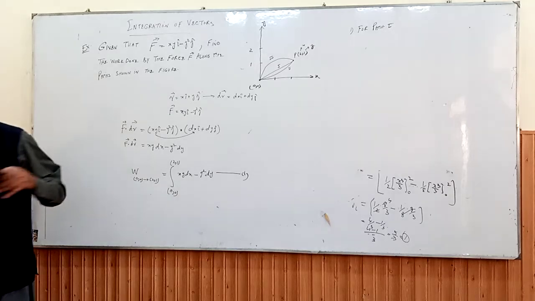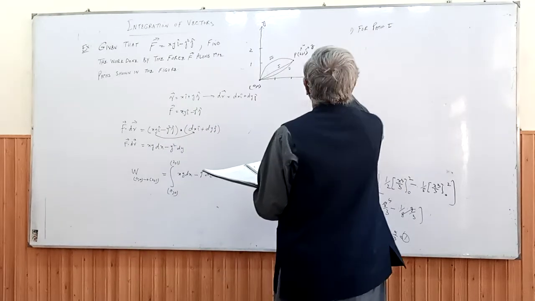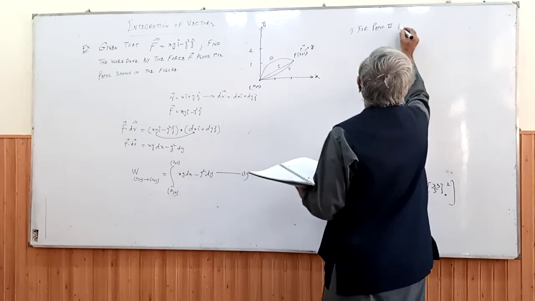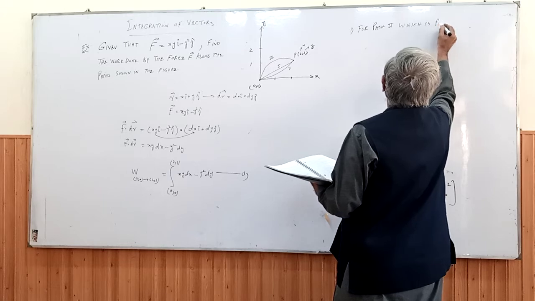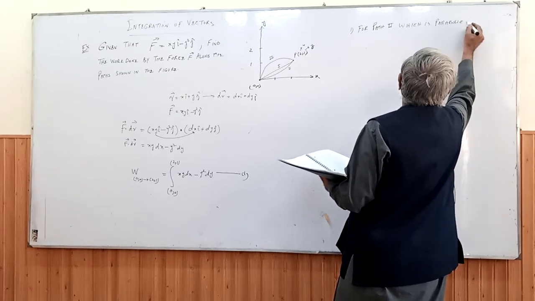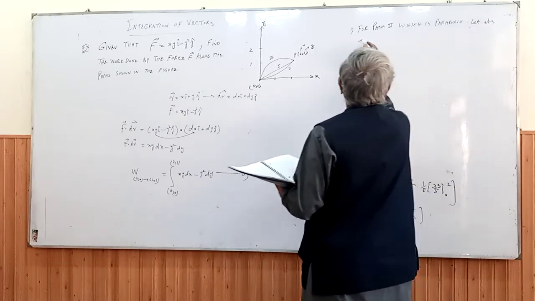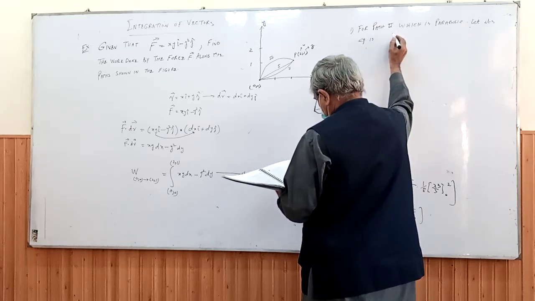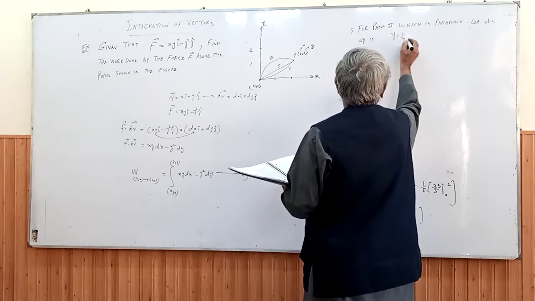Okay? Now let's integrate equation 1 along path 2, which is a parabolic path. Now for part 2, which is parabolic, let its equation be y is equal to 1 over 4 x squared.